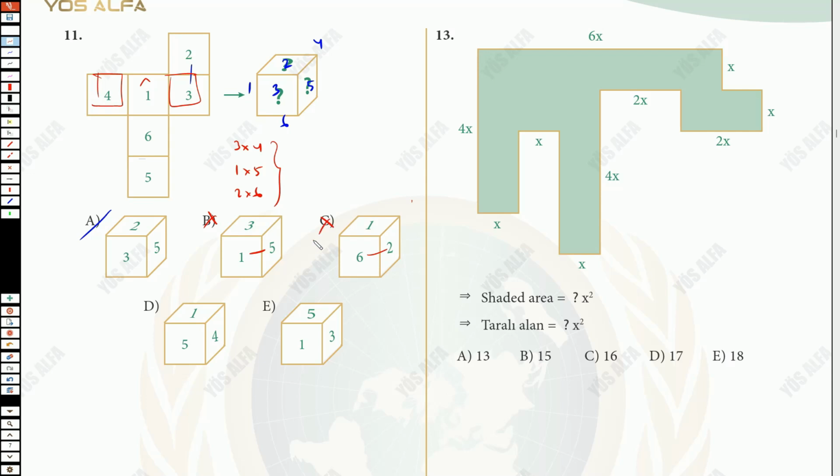So this is also impossible. 1, 5, 4. And we know that 1 and 5 can never come adjacent to each other. So this is also impossible. 1, 5 is same problem. 1 and 5, they can only be on opposite sides of the dice, so it's impossible. So when we eliminate the 4 choices, we're left with the only possible choice, which is A.